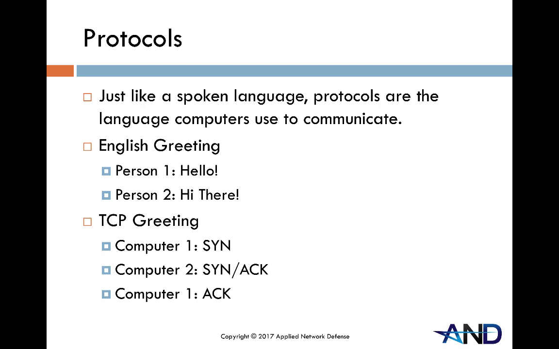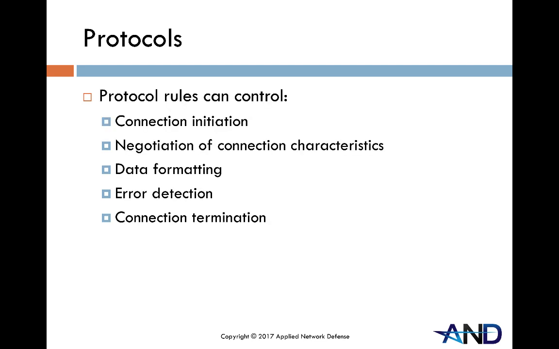That's the whole idea. Now, those specifications can control a lot of different things. I have a few of them listed here. Things like connection initiation, so that's our greeting. Negotiation of connection characteristics. Some protocols provide optional features, and the initial connection initiation needs to communicate what those characteristics are and what's supported, so you can make sure that the packets are able to be interpreted.